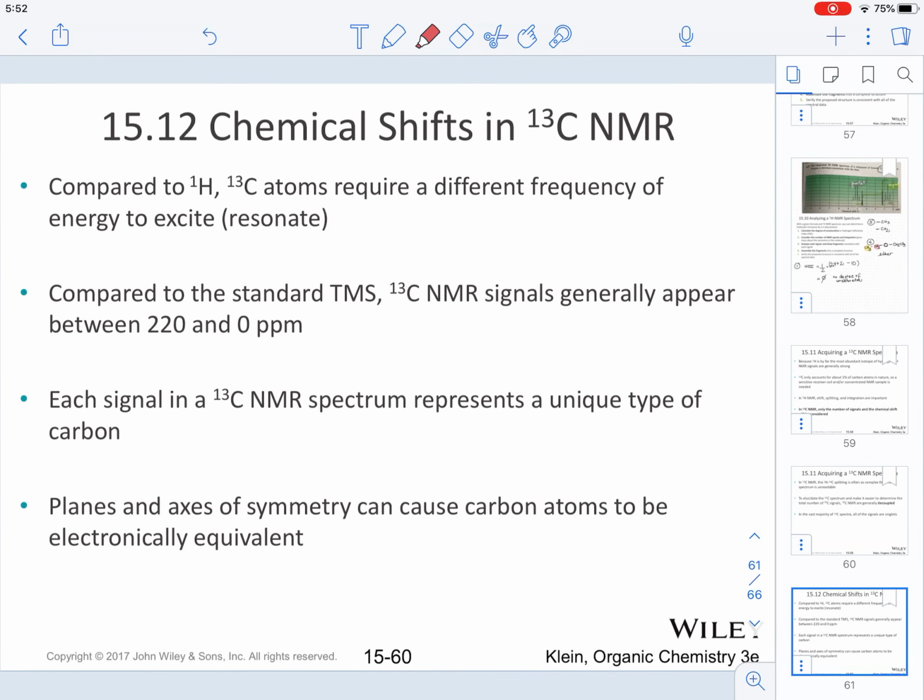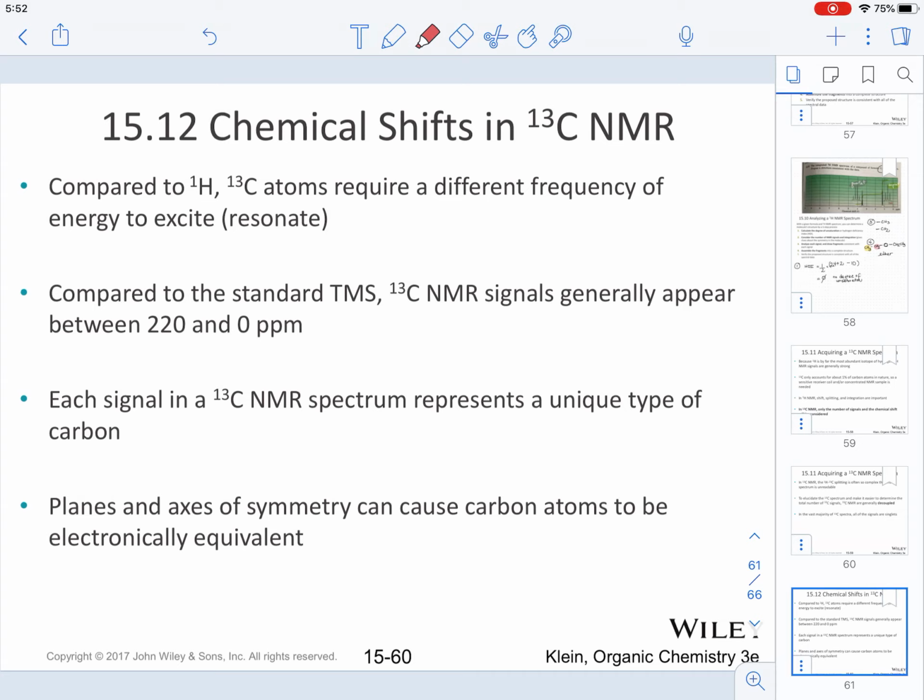Now, when we compare proton NMR and carbon-13 NMR, the carbon-13 atoms require a different frequency of energy in order to make the spin flip, in order for the resonance to occur between the alpha spin and the beta spin and back.